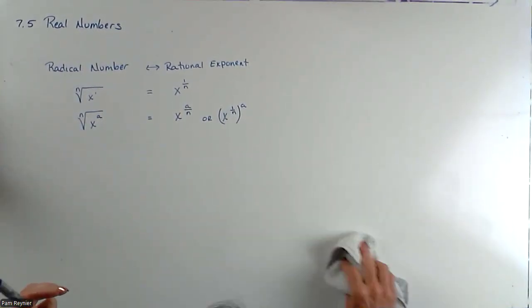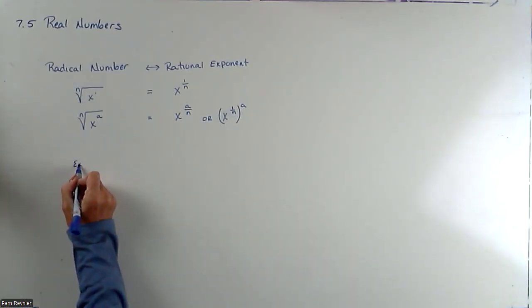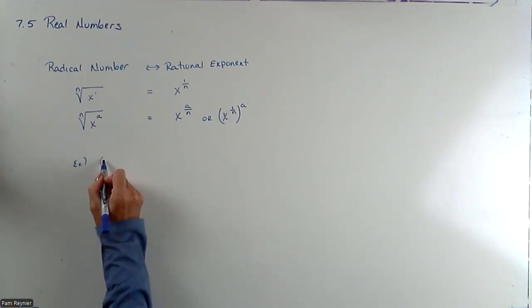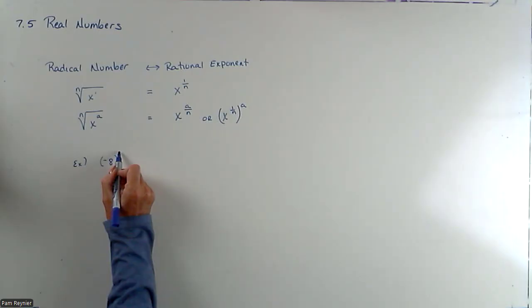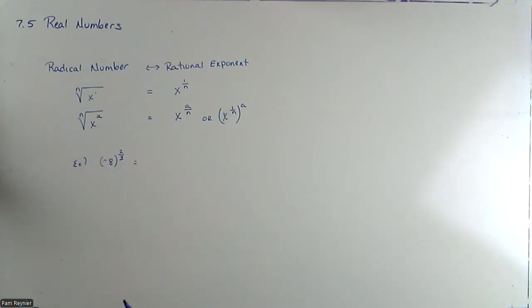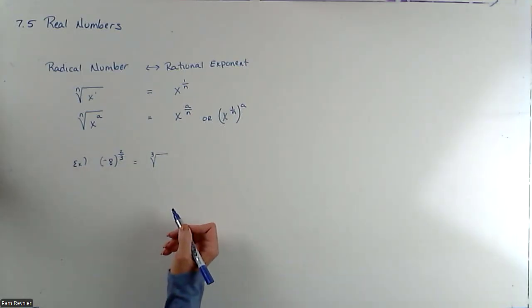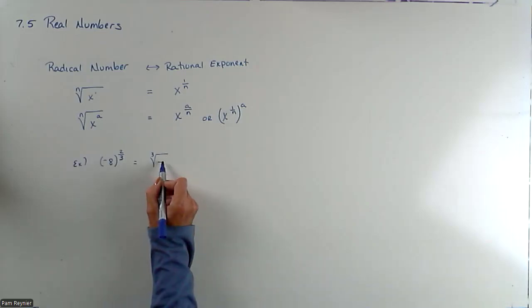So let's say I give you -8 to the 2/3 power. I'm changing my example. Well, the denominator is the index number. And this is -8. Now you have a choice.